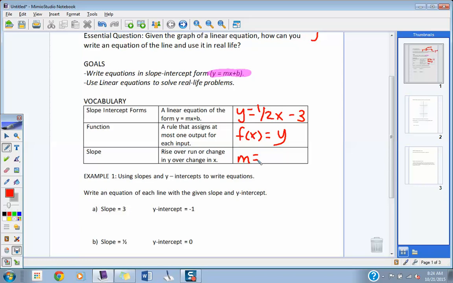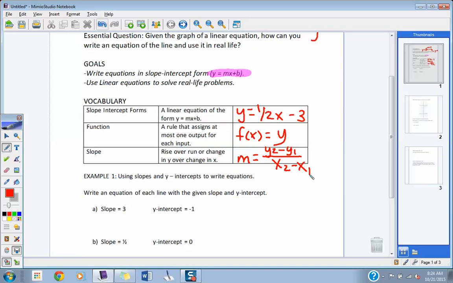Change in y over change in x, which we denoted, very good, KB, by y2 minus y1 over x2 minus x1. Okay, so that's what we were doing there. Small things to recall there, things to know for the vocab. So let's jump into this.